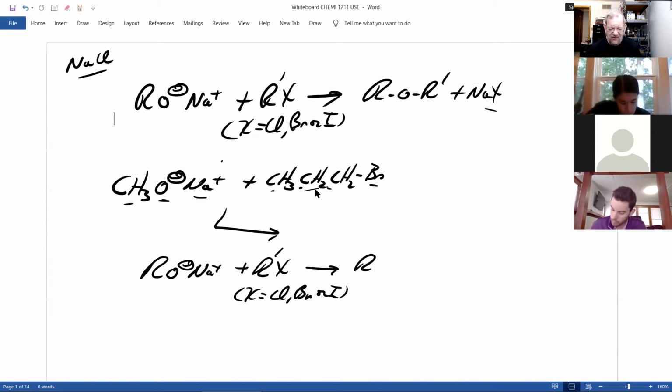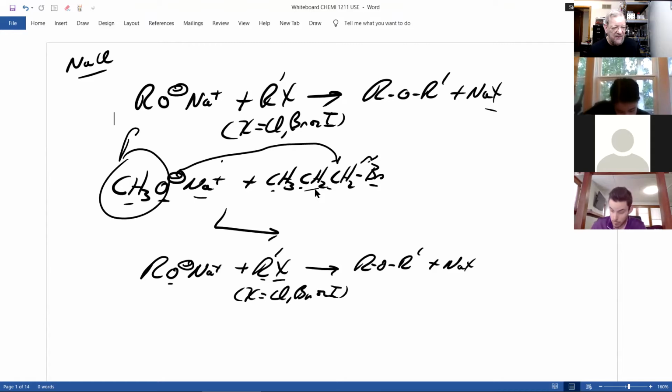And what you get is an ether. Plus, you don't have to put it down, but I will for today, you get salt. And remember, the bond from the oxygen anion is to the carbon that the halogen is on. So what this does is it attacks that carbon and kicks this out. That's a sort of pseudo mechanism.